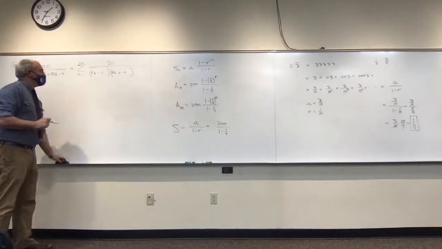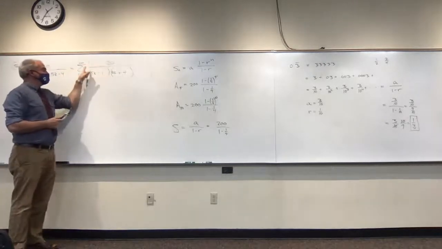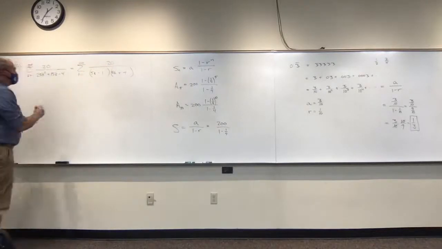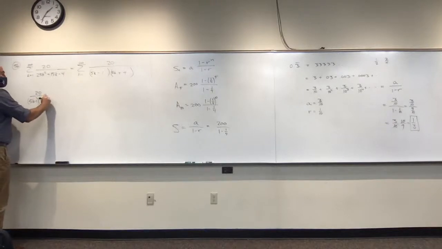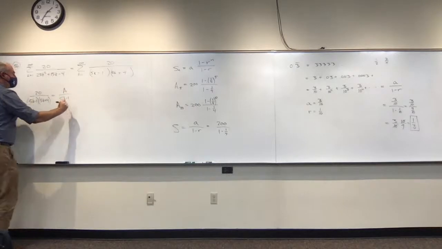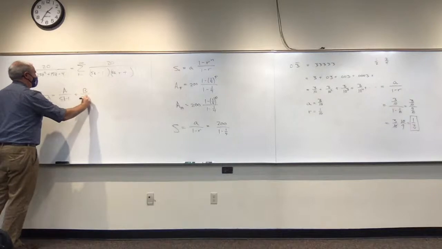Yes, because now I could use partial fractions and split this thing up into 2 fractions. 20 divided by 5k minus 1 times 5k plus 4 is equal to a over 5k minus 1 plus b over 5k plus 4.